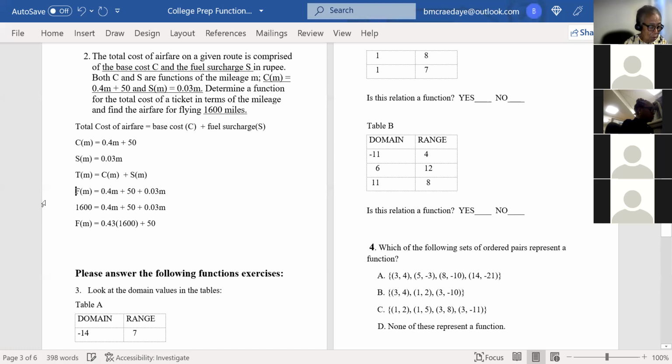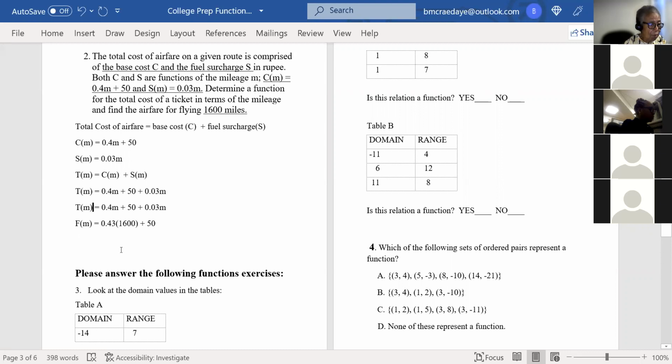All right. T. That'd be total cost. Okay, so total. And the 1,600 is the number of miles. It's 688. What did you get? 688. Audrey, what did you get?